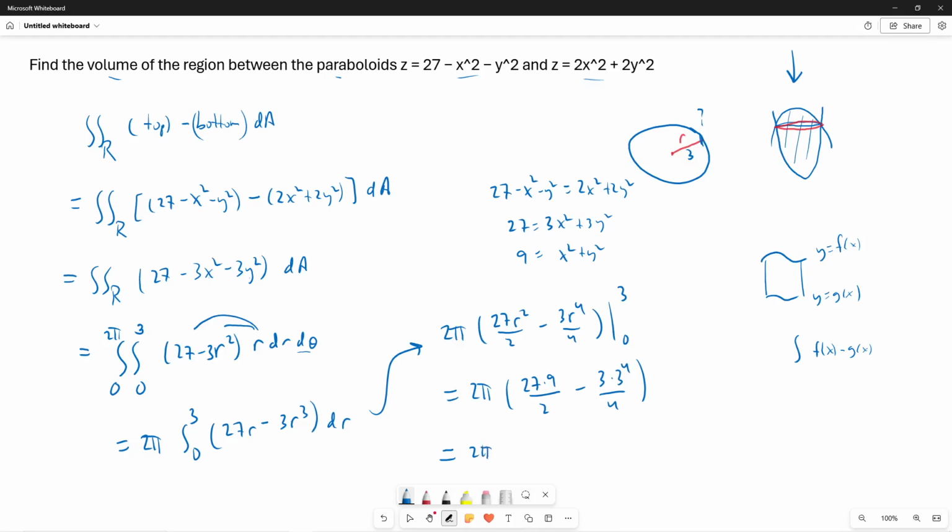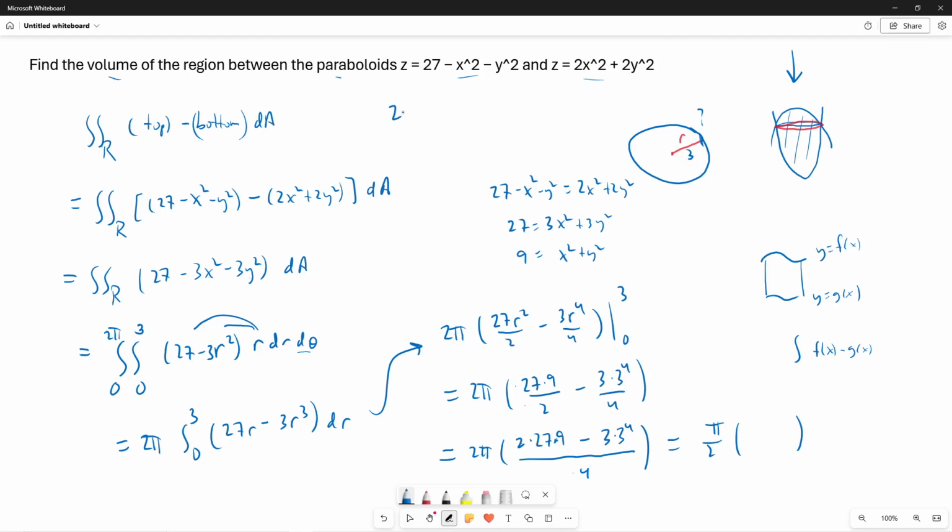So this is 2 pi times 2 times 27 times 9 minus 3 times 3 to the 4th all over 4. So common denominator is 4. I just multiplied the first fraction by 2 over 2. And the number on the top here, we get pi, and we get 2 over 4, so we get pi over 2 times the number in the numerator. And the number in the numerator, this is 3 to the 5th, and this is 3 to the 5th.